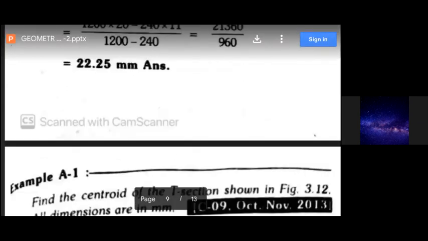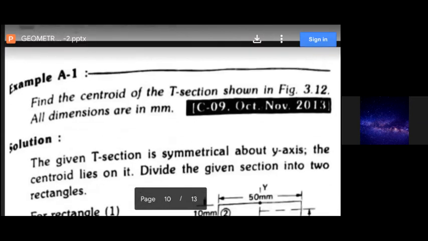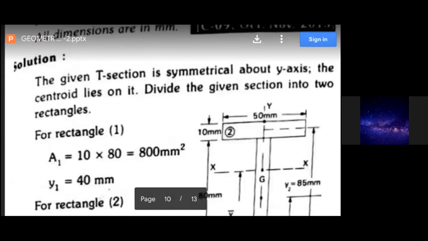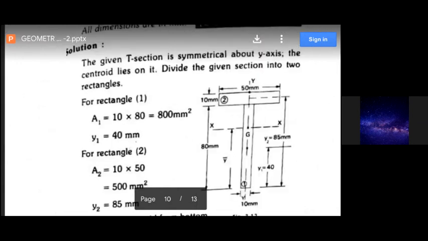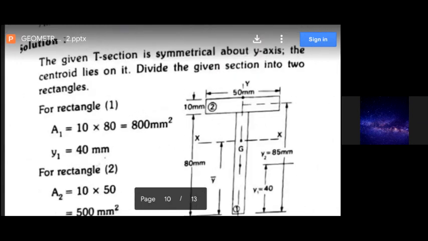Okay, next. Find the centroid of the T section shown in figure. All dimensions are in mm, and we already did a similar T section. Just here the numerical values will change and you can try it. Just briefly I will explain. Here this T section is symmetrical about y-axis.